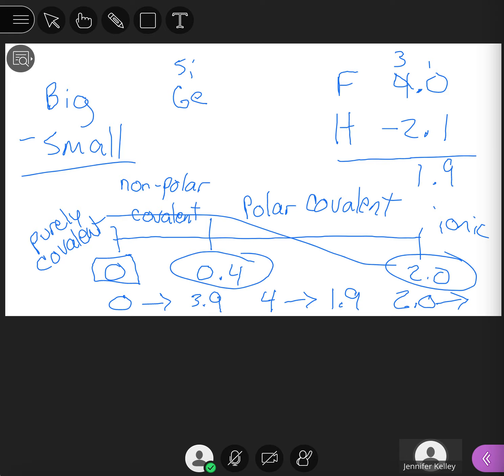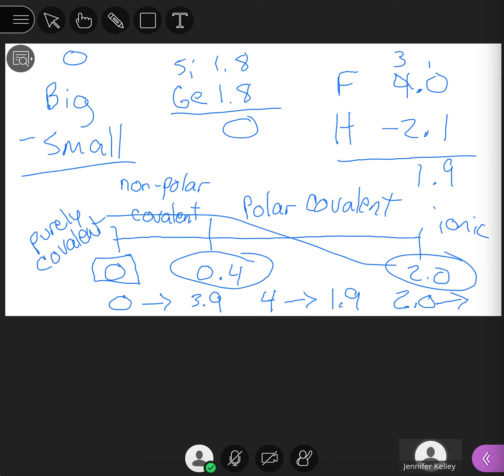So germanium is just below silicon. This is one of those exceptions where the electronegativity trend tends to be a trend, but it's not exact every single time. And they both have electronegativity values of 1.8. So if you subtracted those, you get 0. So that would cause them to be purely covalent.